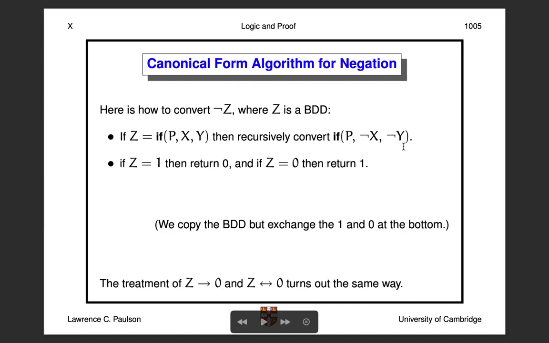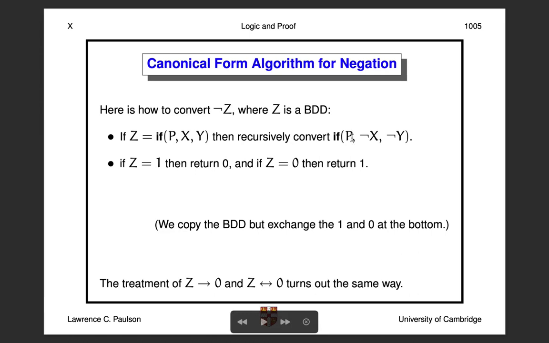Now, why is this right? Well, the negation of a BDD represented by Z, remember that every BDD is representing an entire decision tree. So now if we want to represent the negation of the original decision tree, what we say is, for any decision on some variable P, we take the true case, and when P is true, it should return the negation of what the original BDD was going to give us.